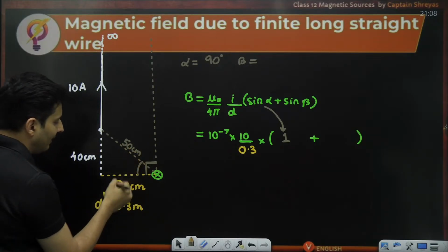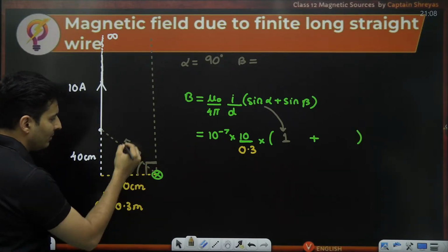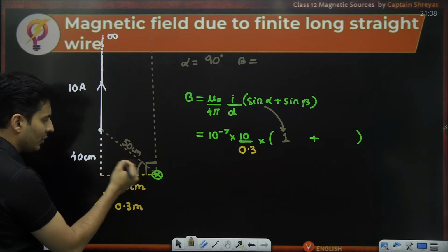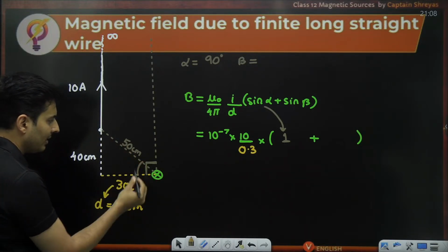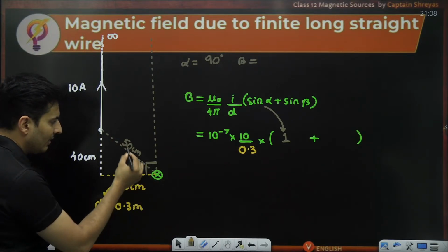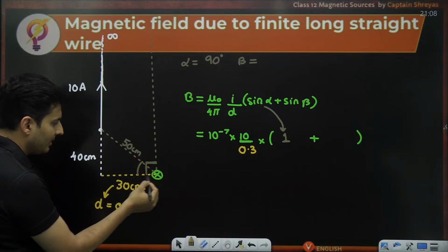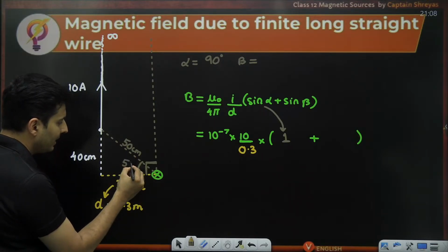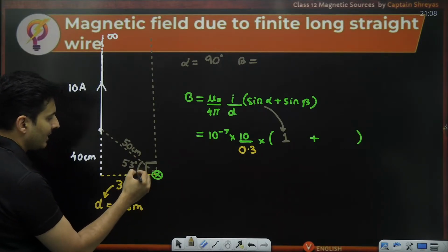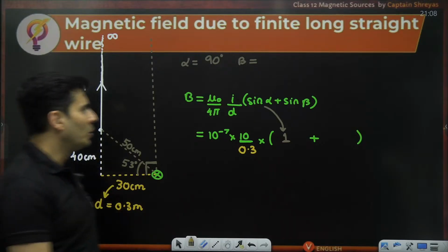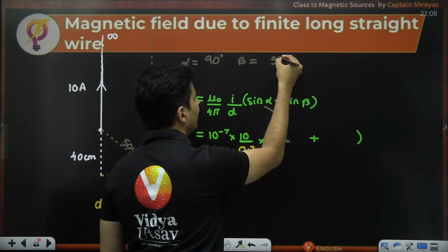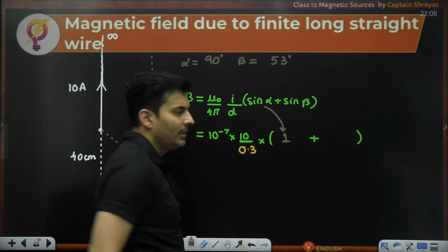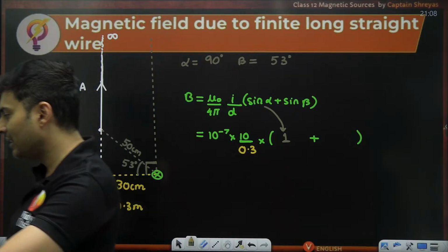Do you see the number 5 and 3 together? Whenever 5 and 3 are together in a 3, 4, 5 triangle, the angle closer to 5 and 3, or 50 and 30, will be 53 degrees. So this is technically 53 degrees. So shouldn't beta be 53 degrees? Yes or no? Think about it.